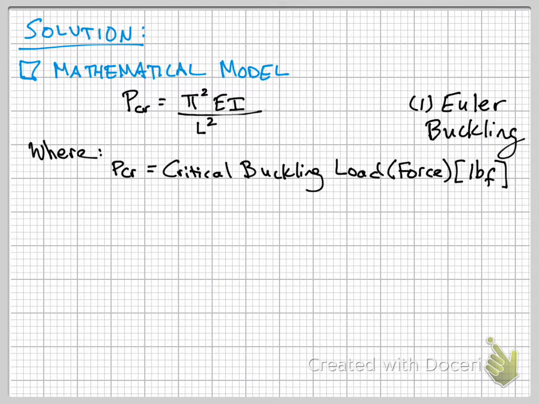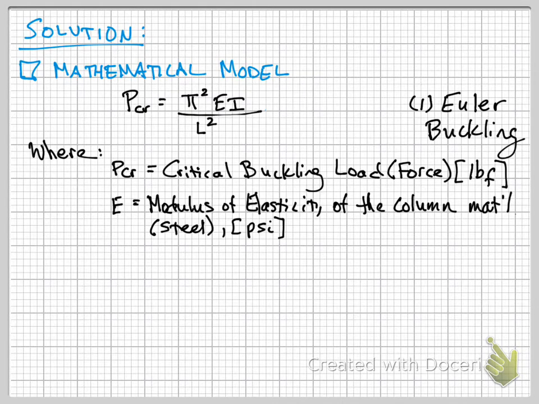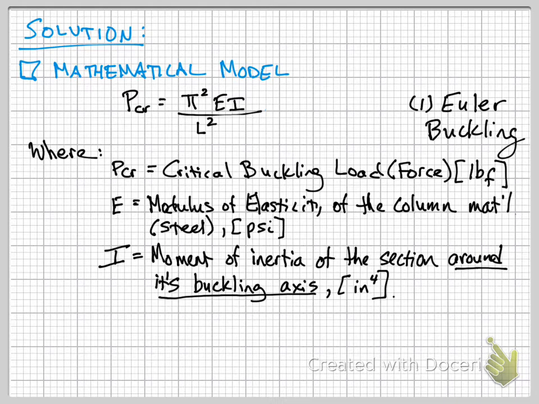Where P critical is the critical buckling load, which is a force, I'm going to use units pound force. I'll use E to be the modulus of elasticity of the column material, which is steel, in PSI. I is the moment of inertia of the section, and note this, around its buckling axis.